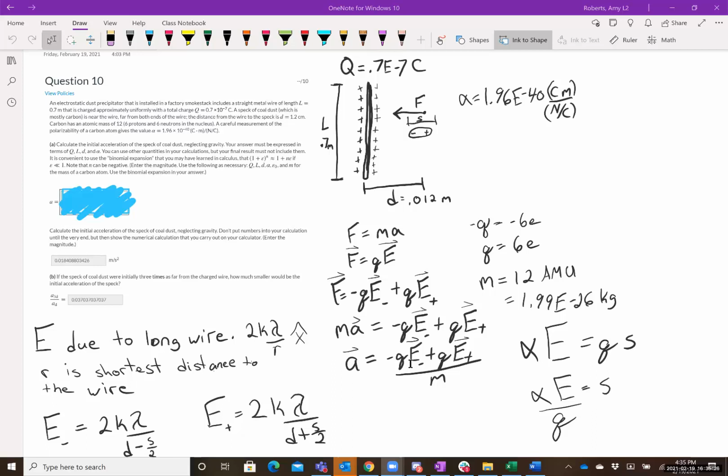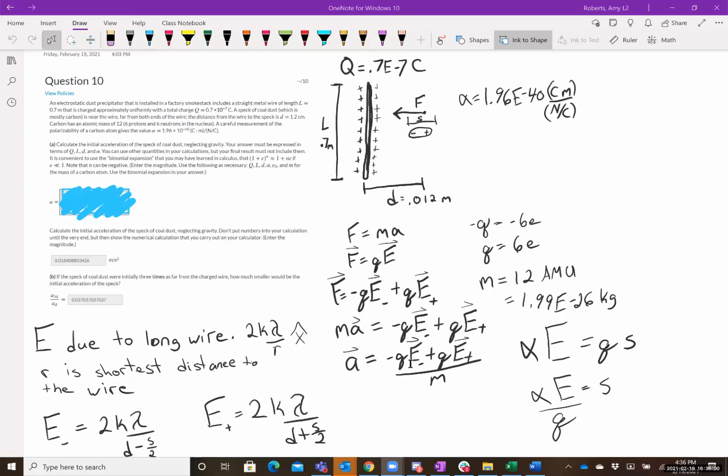Right. And now what value would you use for E? Because the whole point is that it varies across this thing. Well, you have kQ over L. Over what distance would you use for the electric field?